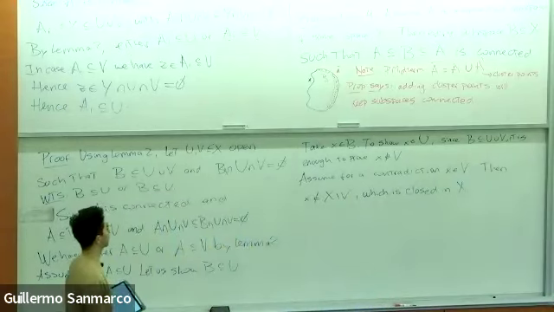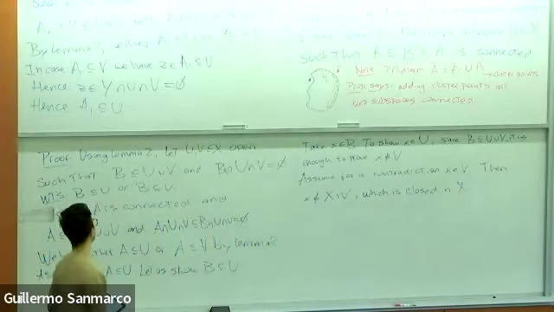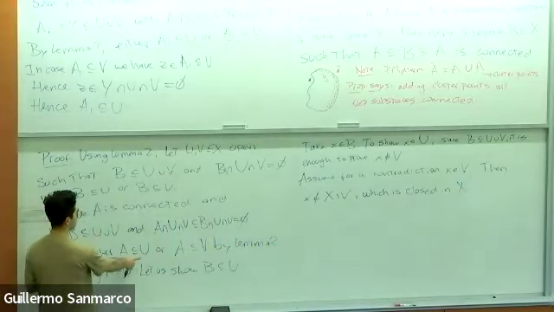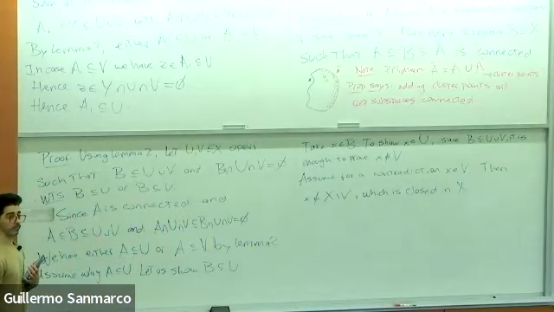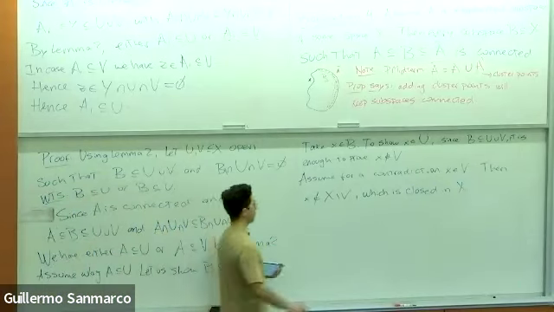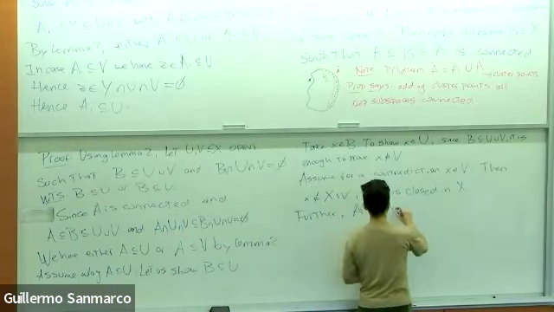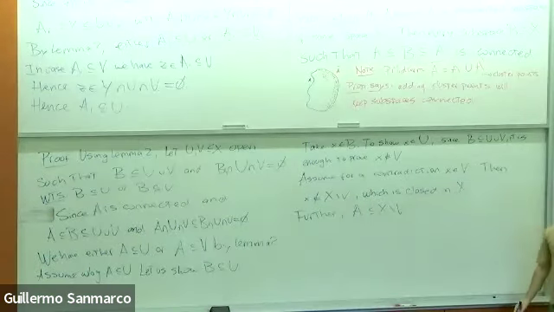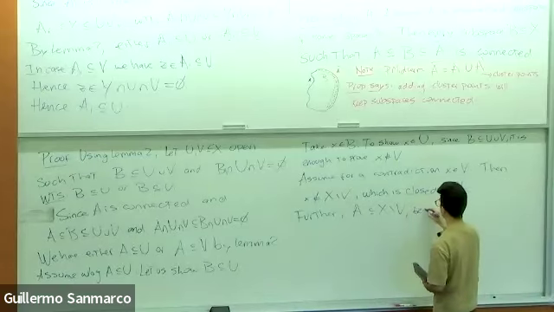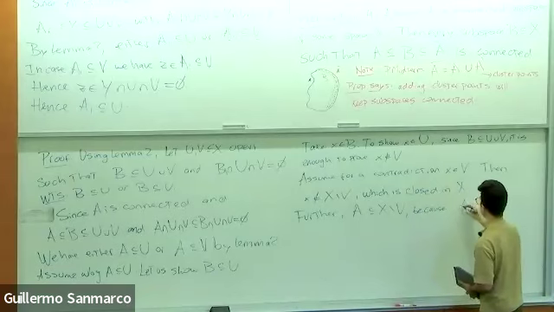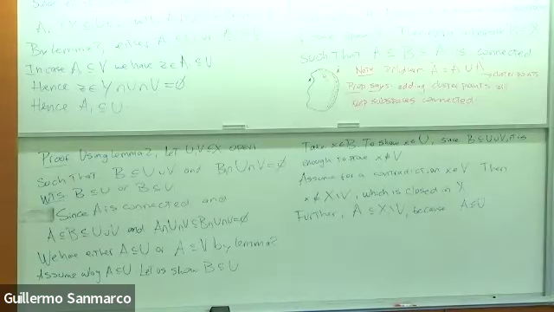Now, not only that, since A is inside of U, X minus V contains A. And this is because A is inside of U, and intersects trivially V, right?